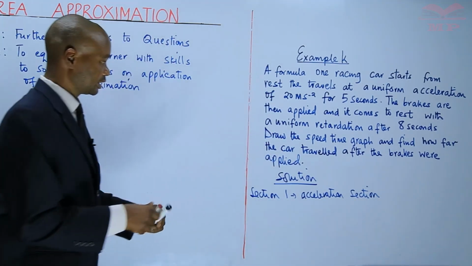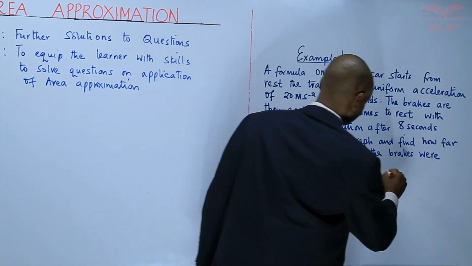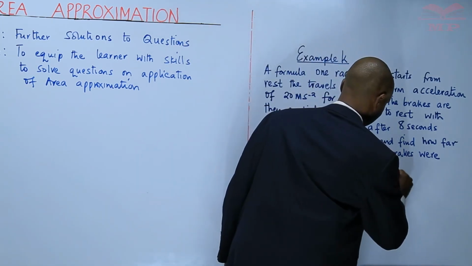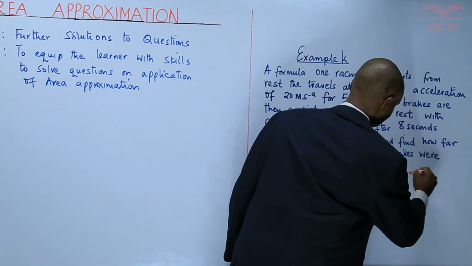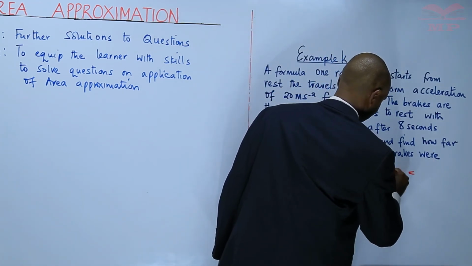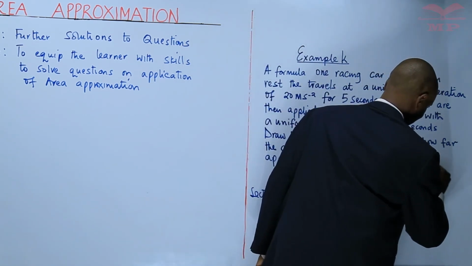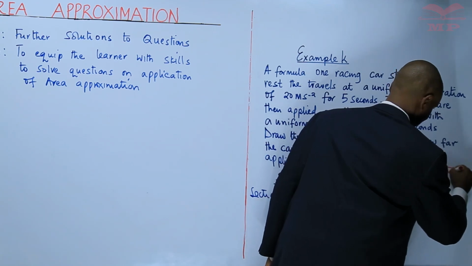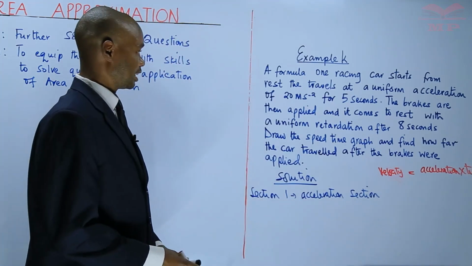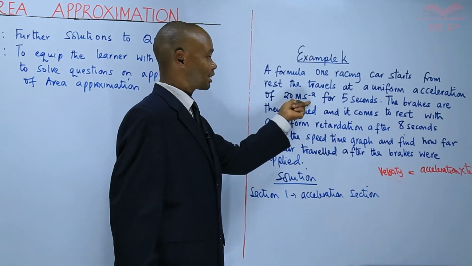And here, know that velocity, or speed, is given by acceleration times time. So for 5 seconds, it moved with a uniform acceleration.